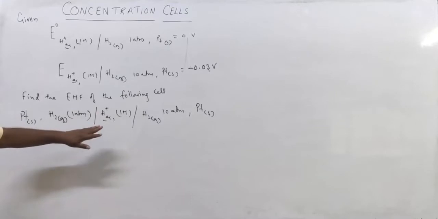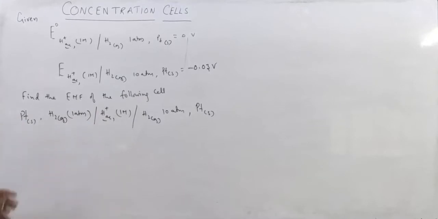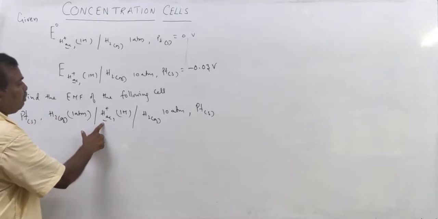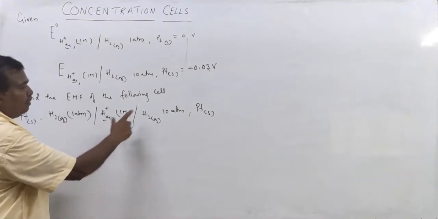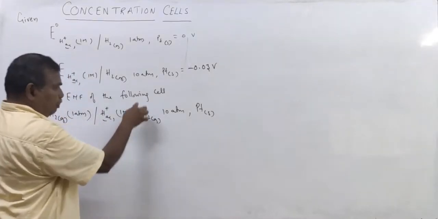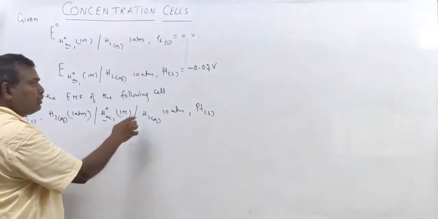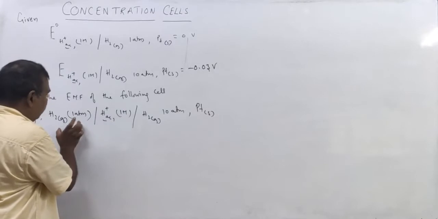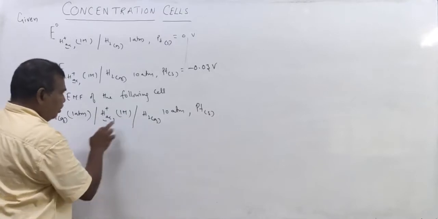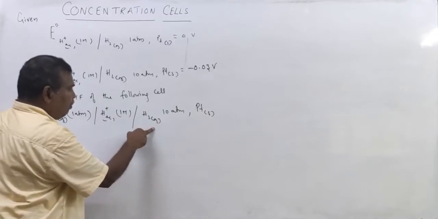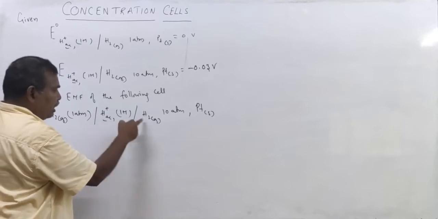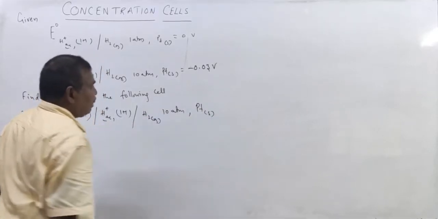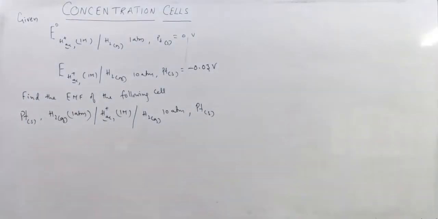Simply you can represent the cell like this: platinum solid, hydrogen gas is in contact with H plus ions of the solution. So here we represented only one vertical line, which means that the concentration of electrolyte in both the half cells is the same. So in this cathode compartment also H plus ions are 1 molar concentration. Hydrogen gas is at 10 atmosphere pressure.